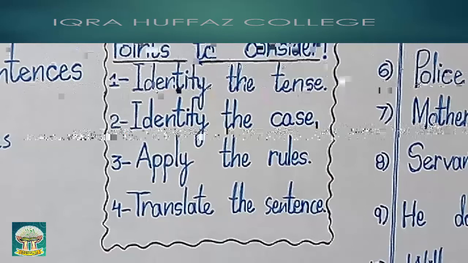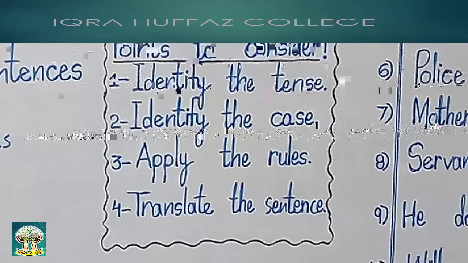Whenever you are translating a sentence, my brothers, you have to identify the tense through the sentence given, and then you have to identify the case, whether it is an affirmative sentence, negative sentence or interrogative sentence. Then you have to apply the rules of that tense, be that present simple, present perfect, past continuous, future perfect, whatever tense it is, you have to remember the rules and apply them on that sentence. And then in the end, you will translate the sentence.